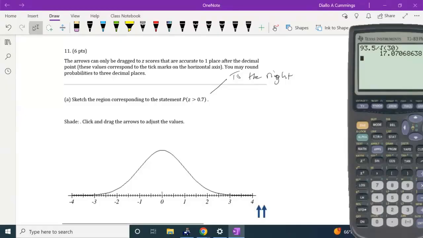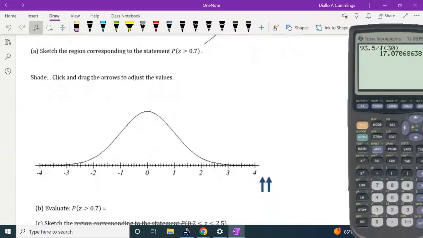Now on this graph, notice that all of these increments are going by 0.1. We want to sketch out the area that's greater than 0.7. If I count these, 0.5, which is a half, 0.6, 0.7. And this is what your shaded area should look like.